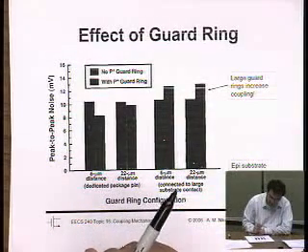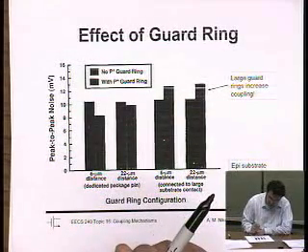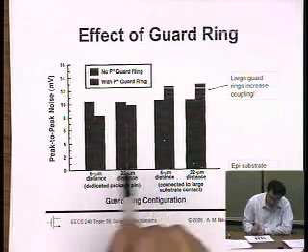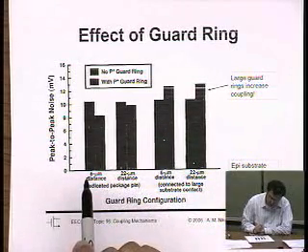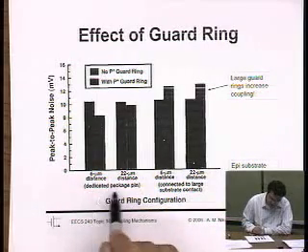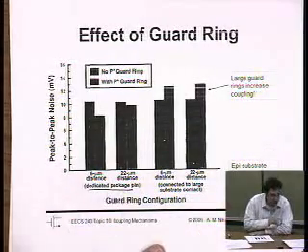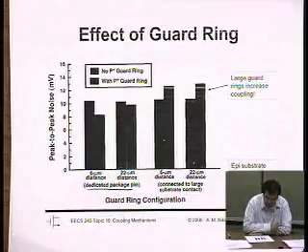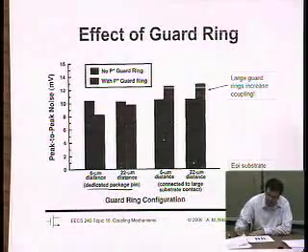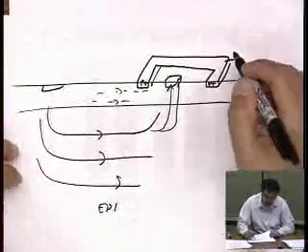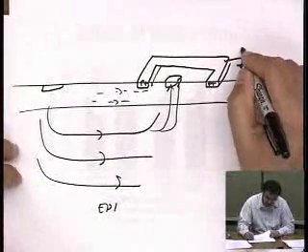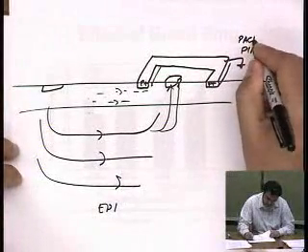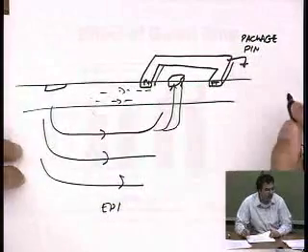And then what's interesting here is there's a difference between these experiments. In this experiment, there's a dedicated package pin used for the guard ring. In other words, this guard ring goes to a separate ground, right?